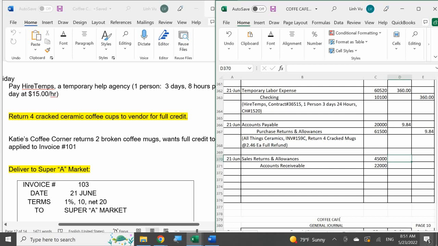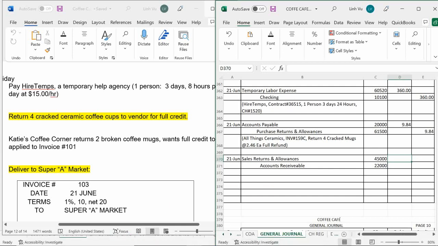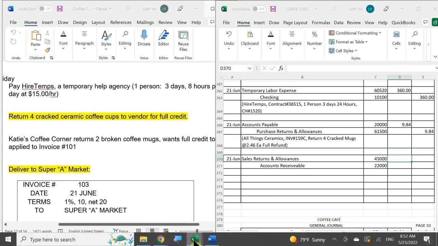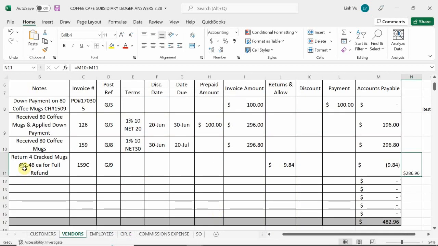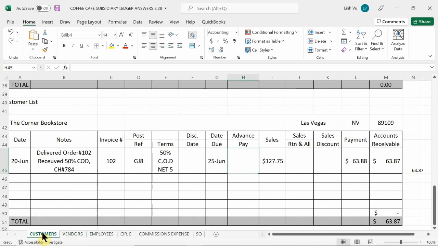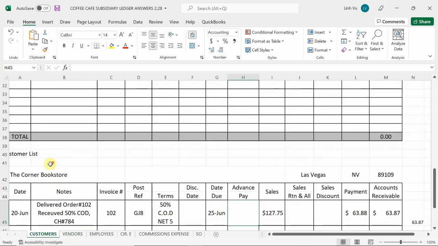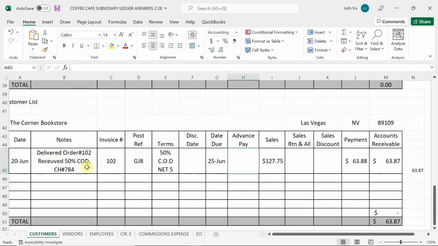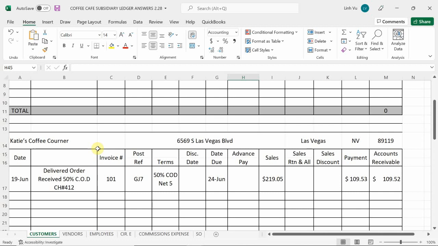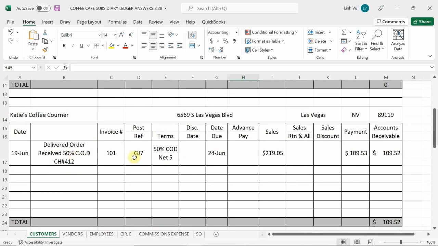In customers? In customers, you'll only find her invoice. So if I go to customers on the subsidiary, all I'm going to find is Katie's invoice 101, that she purchased.